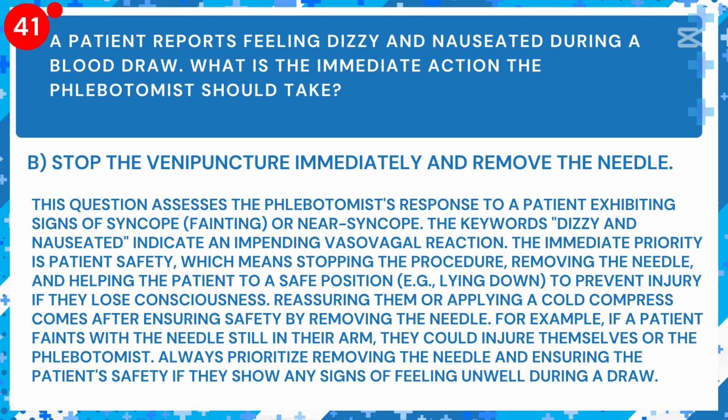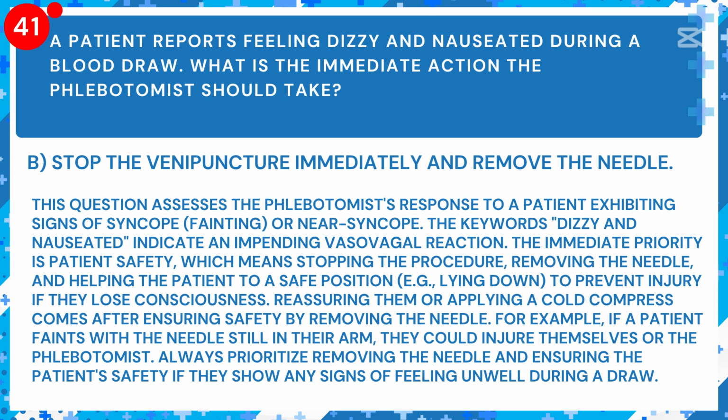Explanation: this question assesses the phlebotomist's response to a patient exhibiting signs of syncope, fainting, or near syncope. The keywords dizzy and nauseated indicate an impending vasovagal reaction. The immediate priority is patient safety, which means stopping the procedure, removing the needle, and helping the patient to a safe position, e.g., lying down, to prevent injury if they lose consciousness.